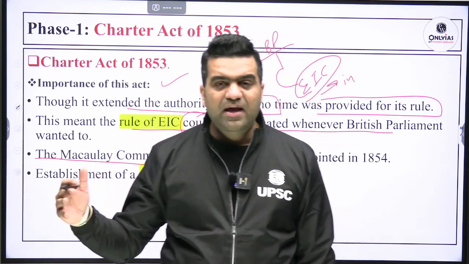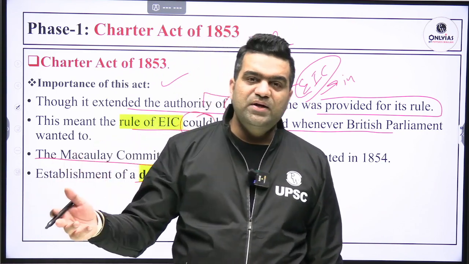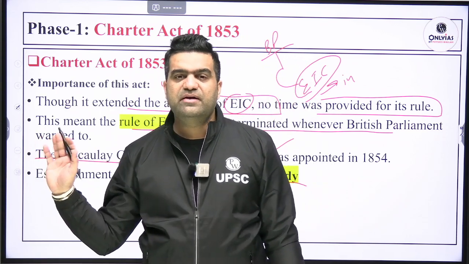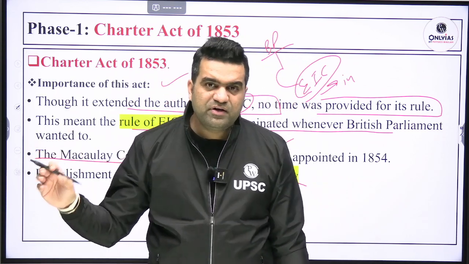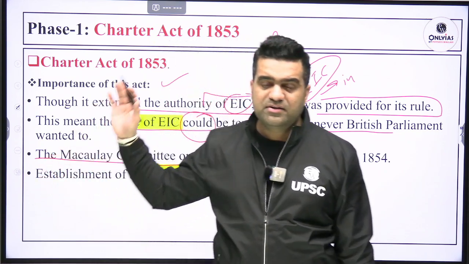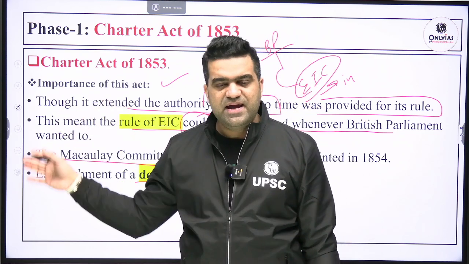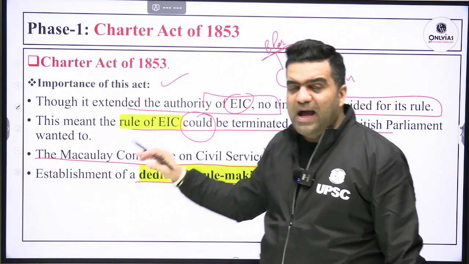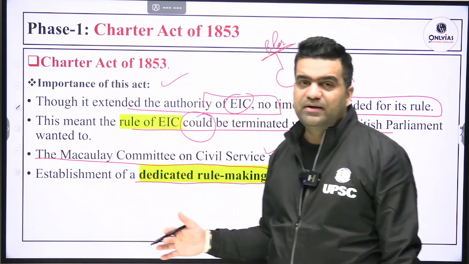Gradually, in 1813, more merchants were allowed. In 1833, the company was done away with its military powers. The Court of Governors saw a reduction in their powers in 1833 and 1853. Now the company is at the beck and call, at the mercy of the British Parliament.